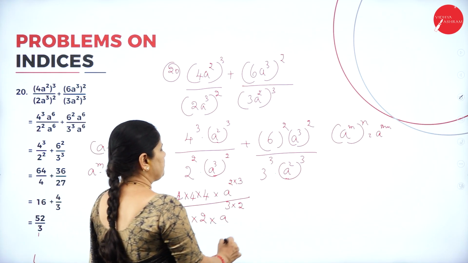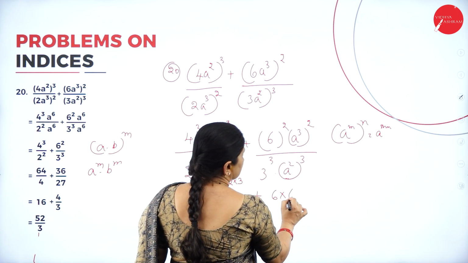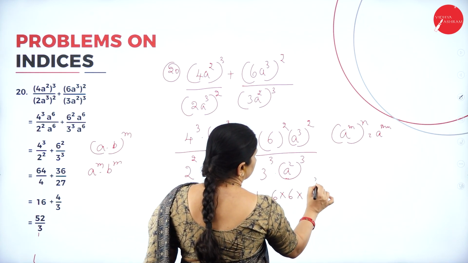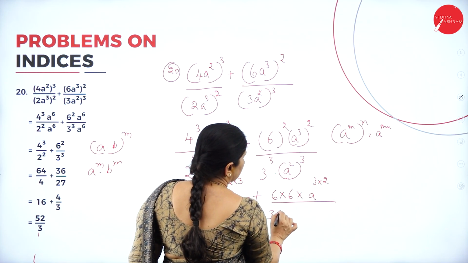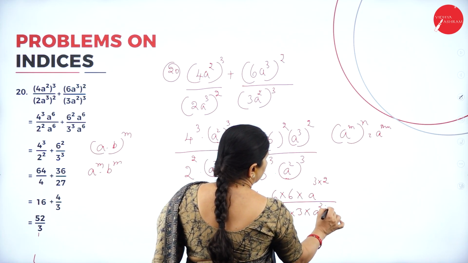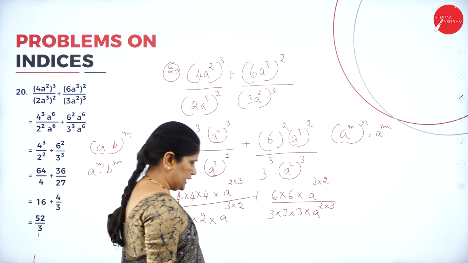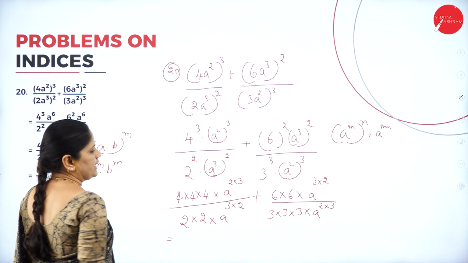Now, next step will be plus 6 square, that is 6 into 6, then a to the power of 3 into 2 divided by 3 into 3 into 3 into a to the power of 2 into 3. Now, the next step will be simplifying all this.